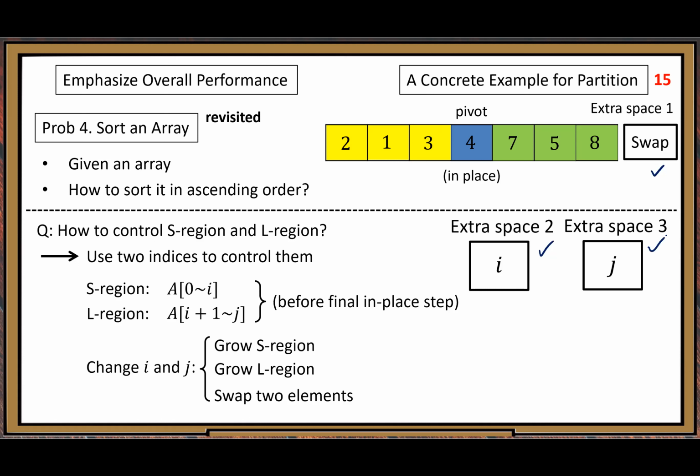That's a constant. So for this problem, we just use 3 extra locations. We can describe it as big O of 1, right? Bounded by some constant. So that's very little, so we don't worry about this amount of extra space used.